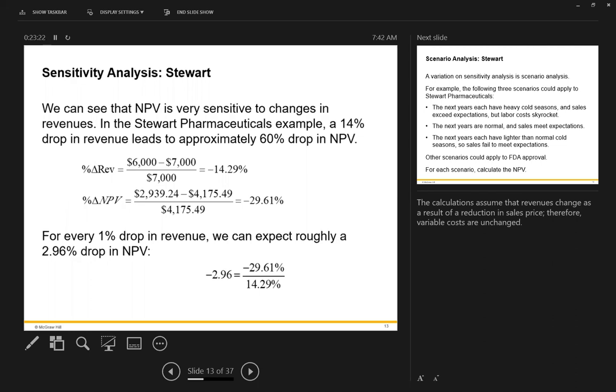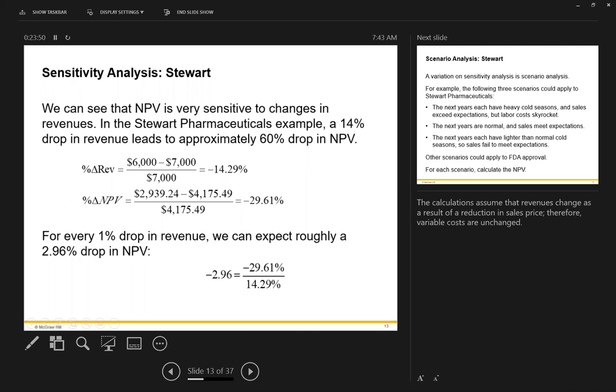So take a look. Our net present value. So if our change in revenue decreases. So it goes from 7 to 6. What we do is we say our second number is always our oldest number, and we always divide by the oldest number when we're trying to determine a change.